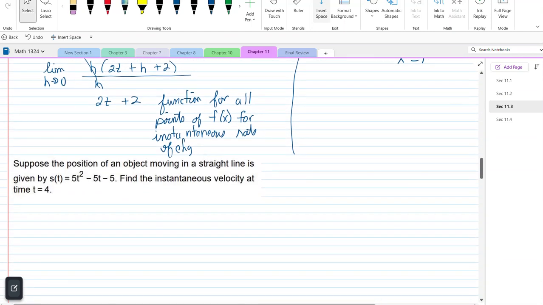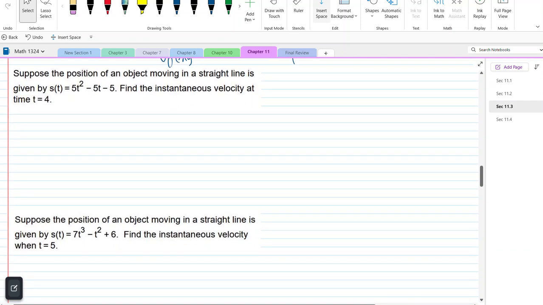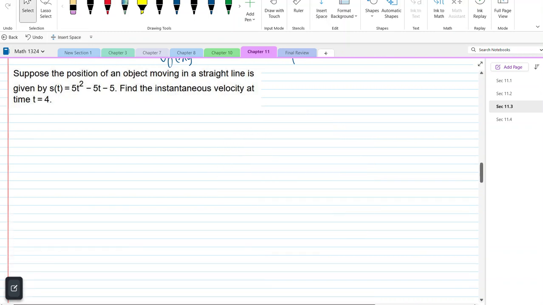All right. We're going to do one more problem on instantaneous rate, and then we will look at other conditions for this. Suppose the position of an object moving in a straight line is given by s of t equals 5t squared minus 5t minus 5.